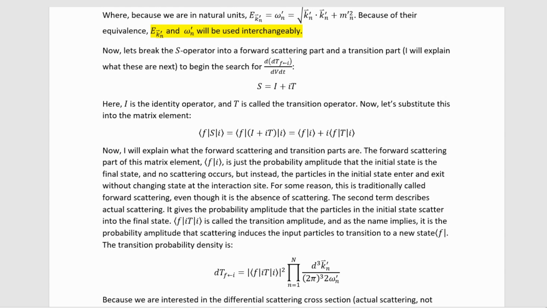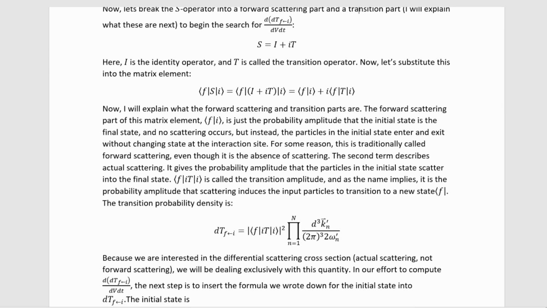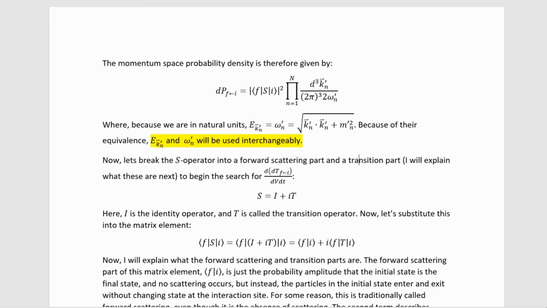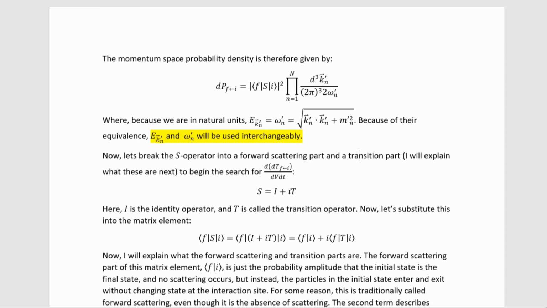This quantity is called the transition amplitude, and as the name implies, it is the probability amplitude that scattering induces the input particles to transition to a new state, f. The transition probability, of course, is just the modulus squared of this, times the appropriate momentum differentials for the same reason as when we put them in this formula here for the probability altogether.